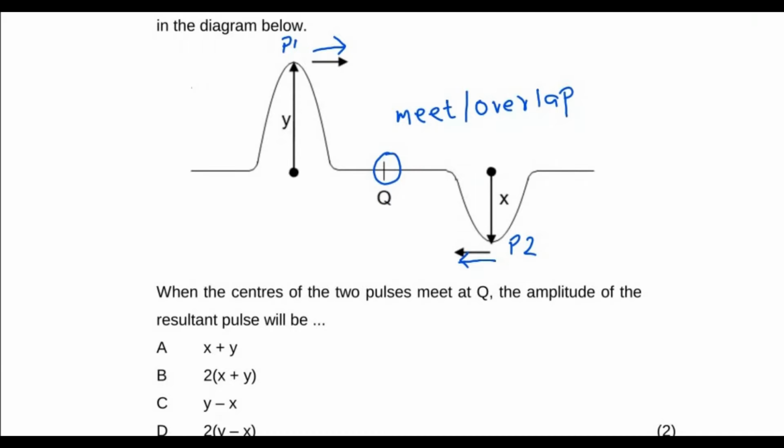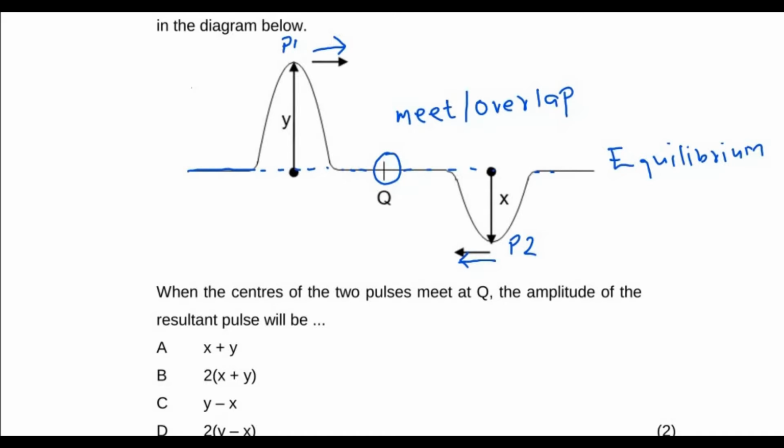Before we answer this question, it's important, let's say we define the equilibrium. So this point here, we can draw an imaginary line here, and we say that is the equilibrium. That is the position where there is no disturbance. So remember, a pulse in physics is defined as a single disturbance within a medium.